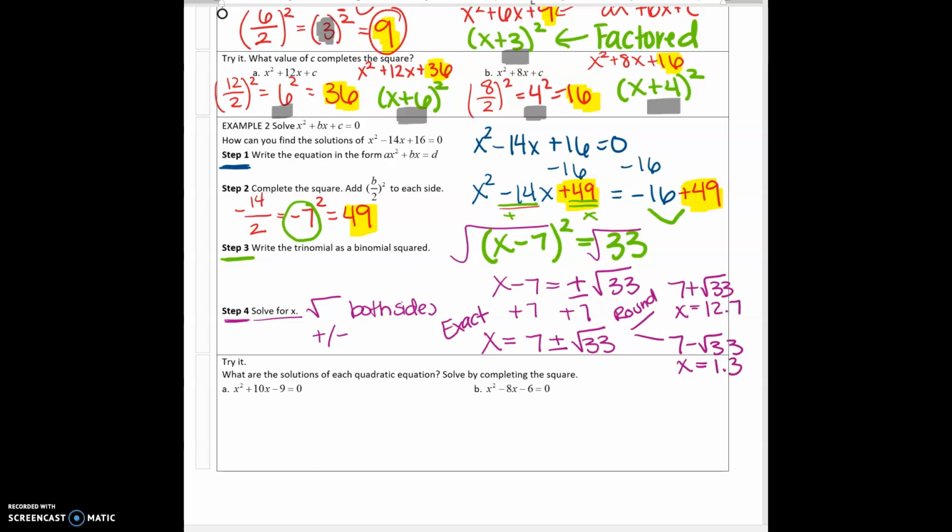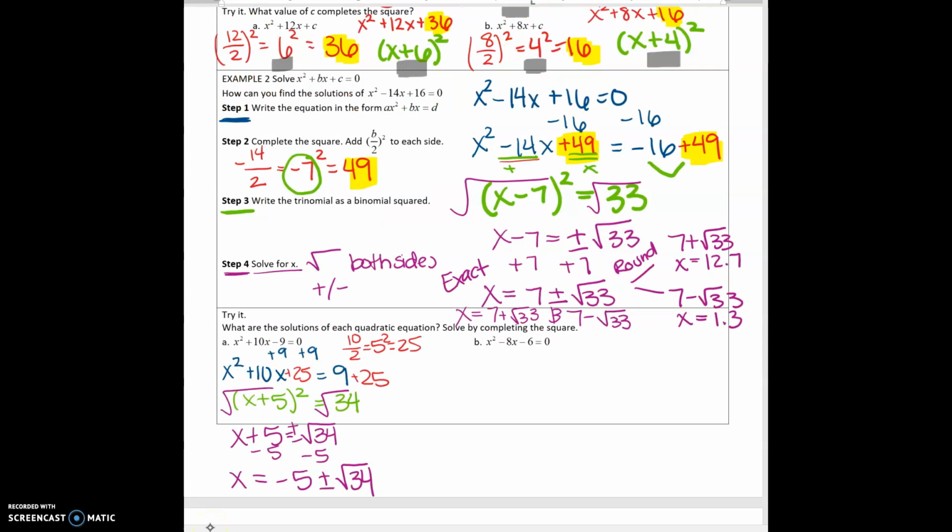So if you have to round, that would be your answer. If it's exact value, this would be your answer. And you can also write it as x equals 7 plus square root 33 and 7 minus square root 33. Go ahead and pause and try the next two.